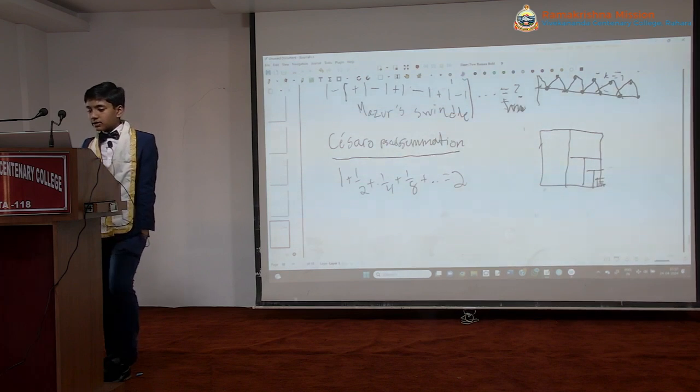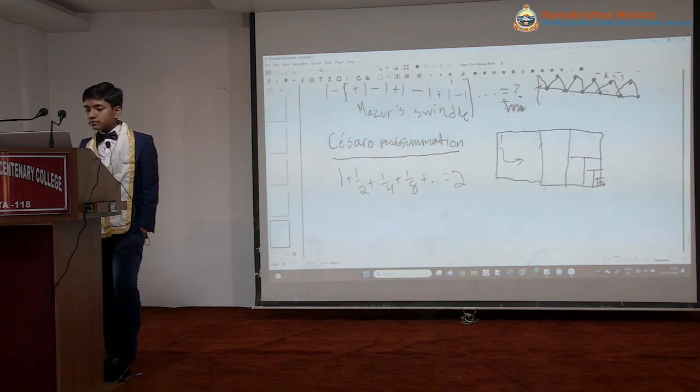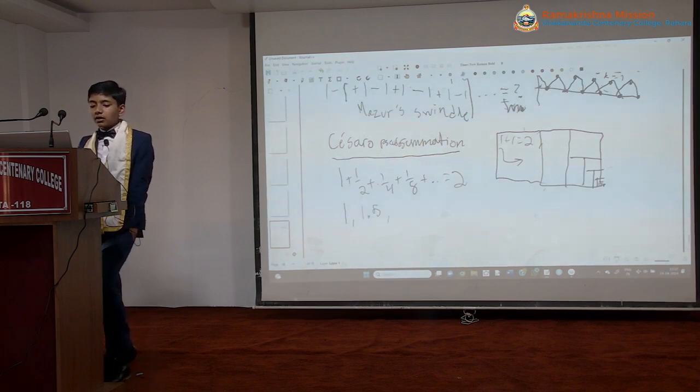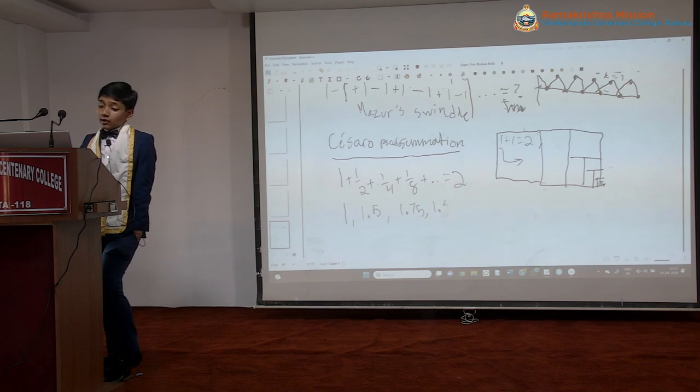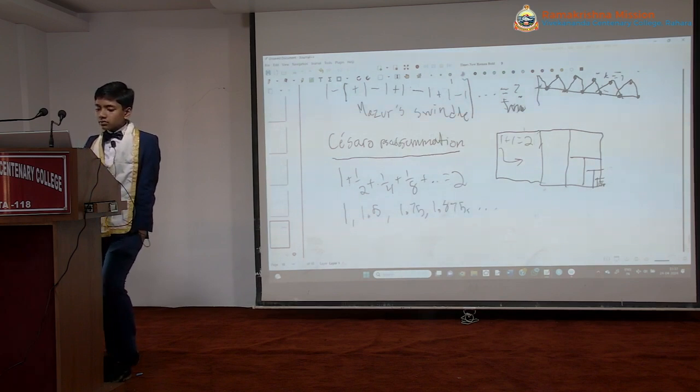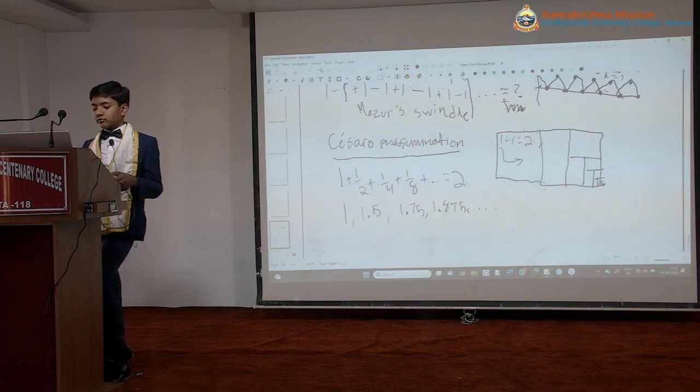This is going to sum up to 1, then add that to 1, and that sums up to 2. So now, let's look at the sequence of partial sums. That's going to be 1, 1.5, because it's 1 plus 1/2. 1.5 plus 1/4 is 1.75. Then we get 1.875, and so on and so forth. So it converges fairly quickly.